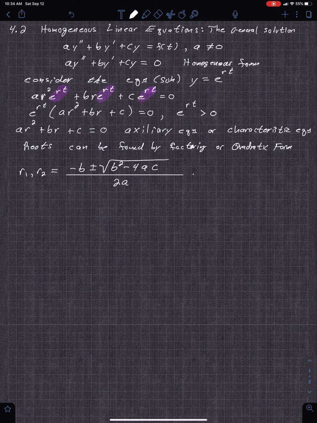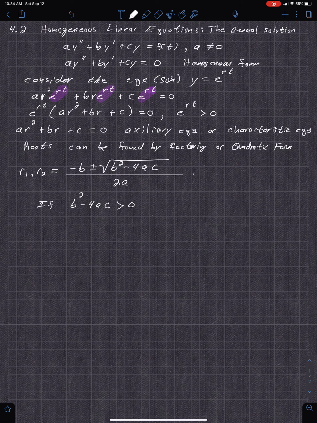And then just to review a bit here, because this will come up as we go, if the radicand b squared minus 4ac is greater than 0, so it's positive, the discriminant, the radicand of the square root is also called the discriminant.